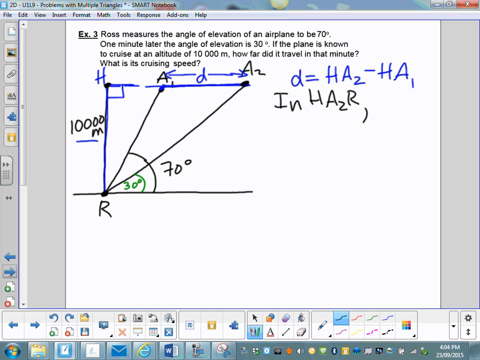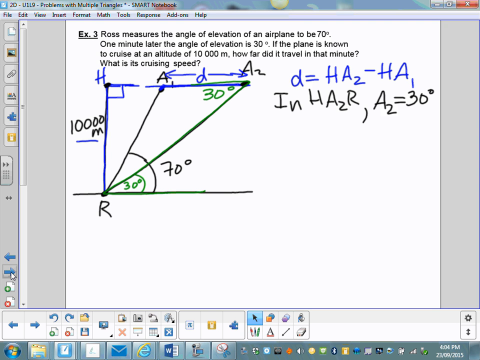We know that angle A2 is equal to 30 degrees. Well, how do we know that? Well, we know that because of our Z pattern here. So because of our Z pattern, that angle in the big right angle triangle is 30 degrees.